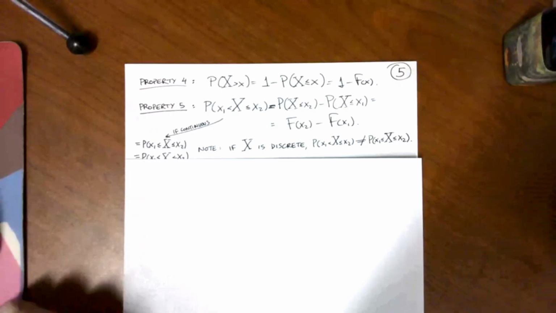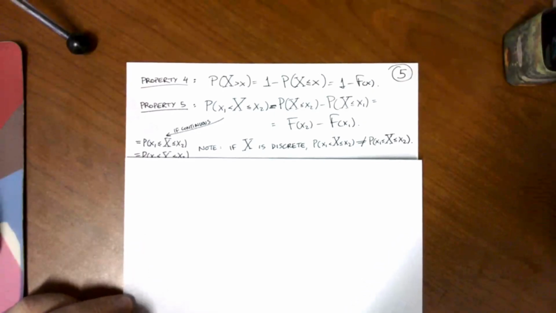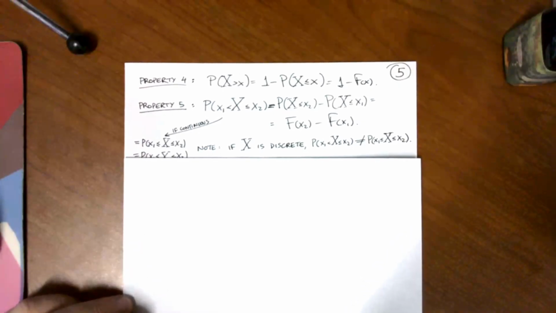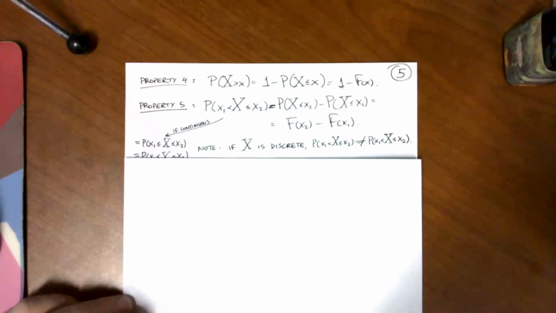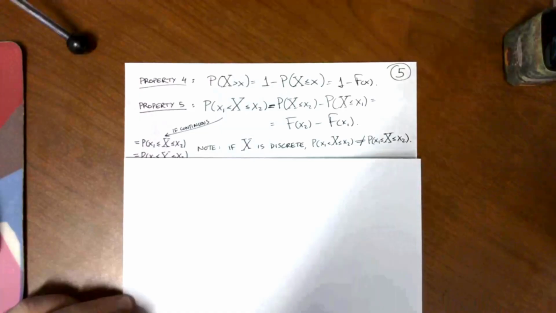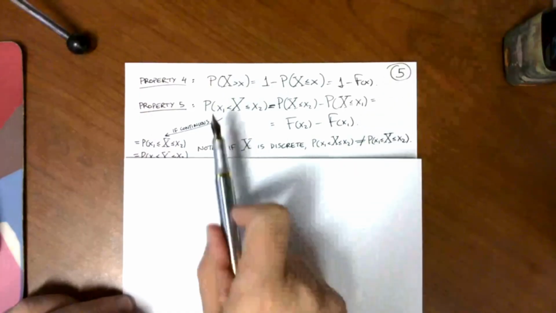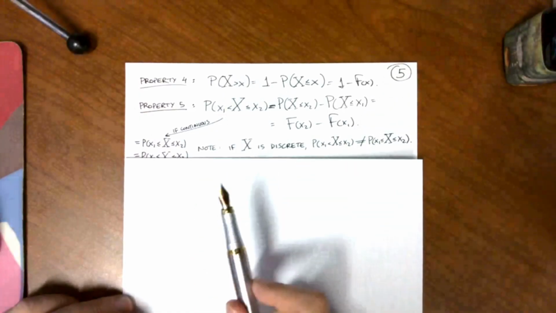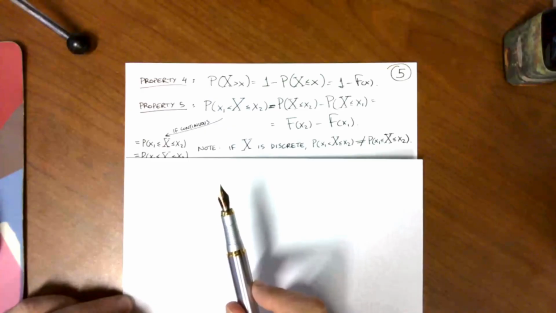Expanding on property number 4, property 5 says you can use the information that you have available already to identify the probability that your random variable X takes values between two specific materializations of x.